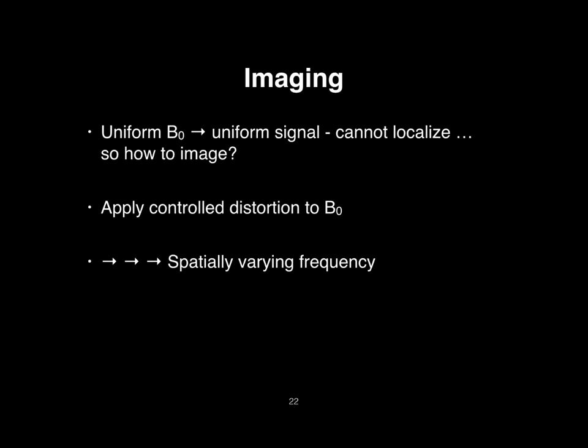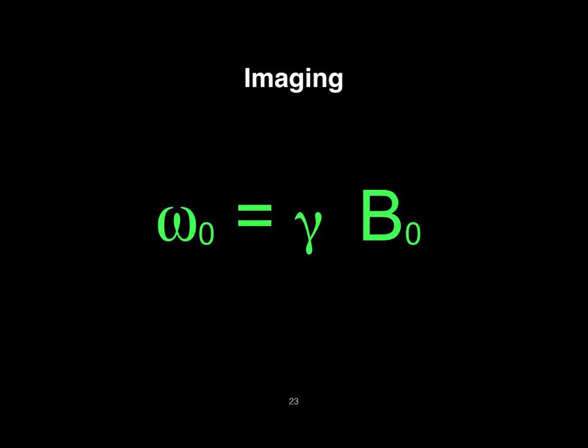So remember our original equation, where the frequency at which the protons are precessing or spinning is dependent on the field that they see. Now, if we change that field according to its position, the frequency at which these protons are precessing will also vary as a function of position.